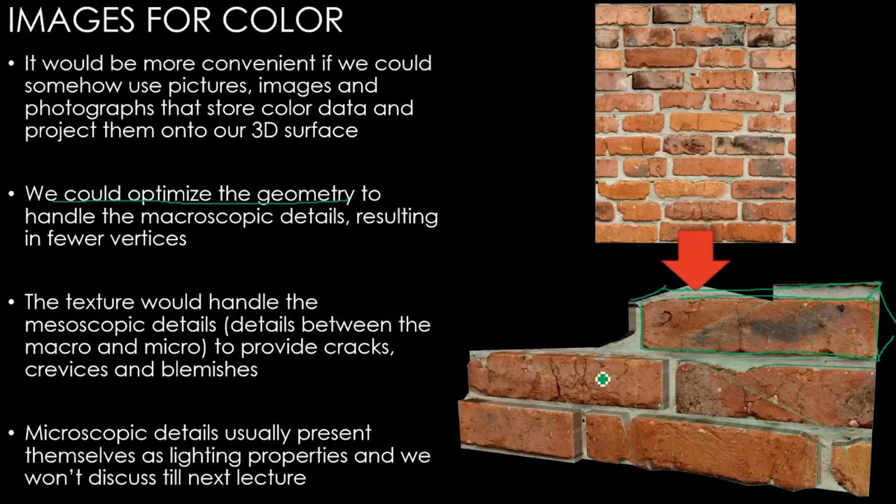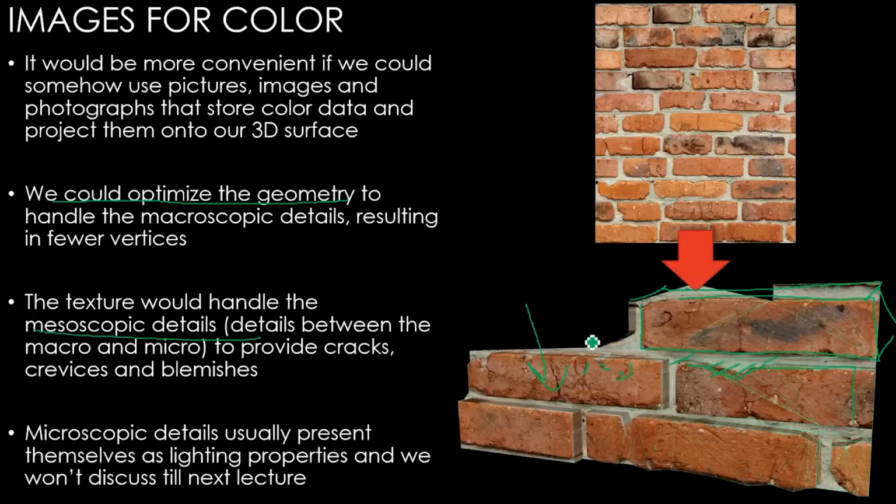So a brick maybe could only be a few polygons, or you can see here with this particular brick, I put a few different vertices here and here, and I went ahead and extruded it out. So it's got a little bit of the same shape as before. But the image that we provided, the picture that we took, would provide all of the meso details. Meso meaning middle level details, all the color information and the blotches and the irregularities that the bricks would actually have.